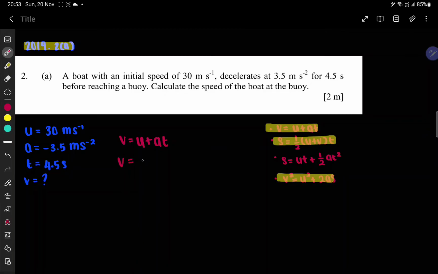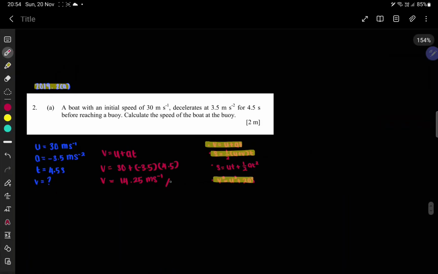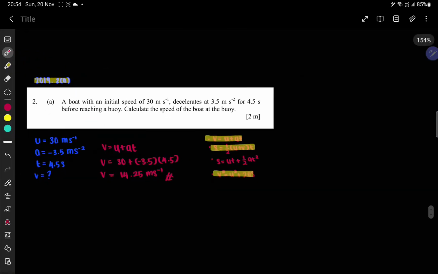So we'll have 30 plus negative 3.5 multiplied by 4.5 seconds, and we'll get the answer 40.25 meter per second. So that's the answer for 2A.